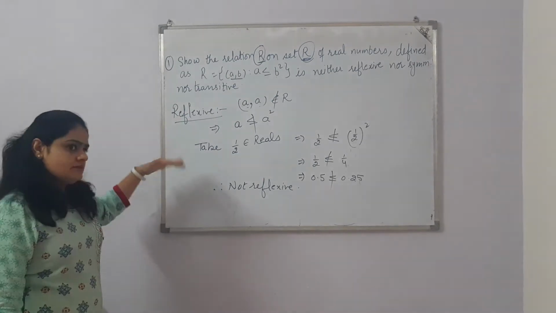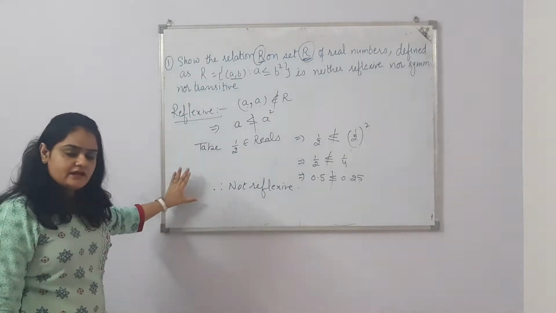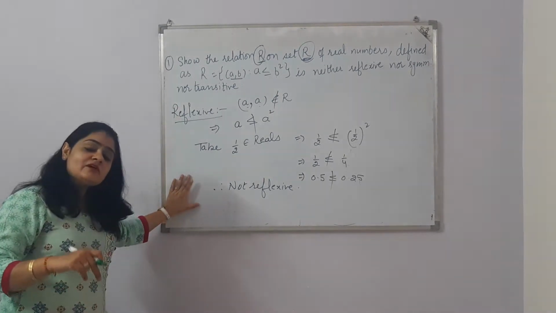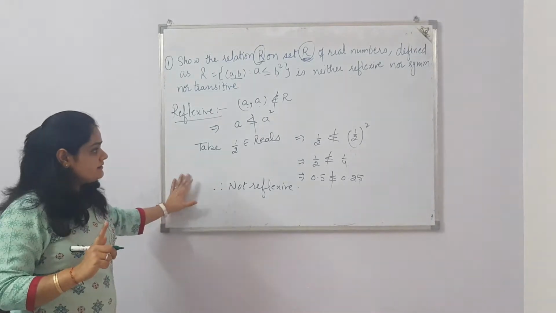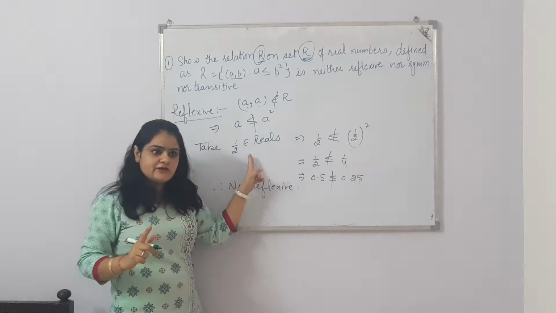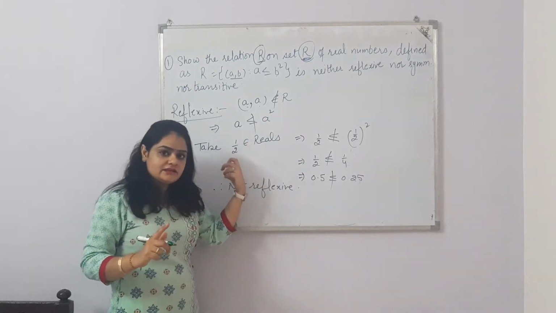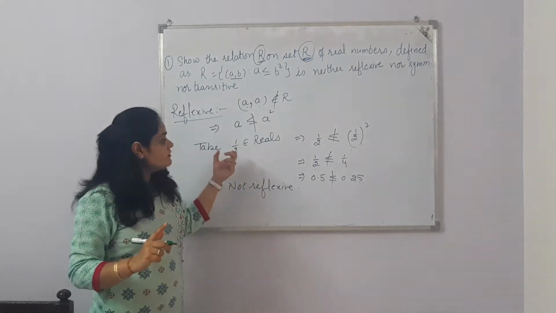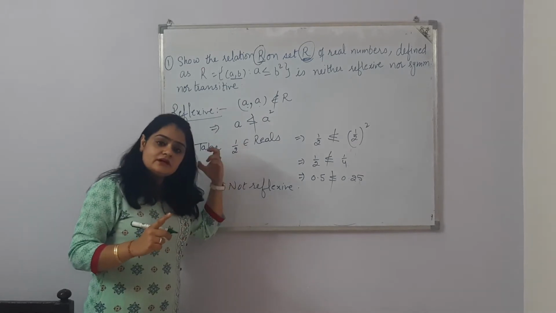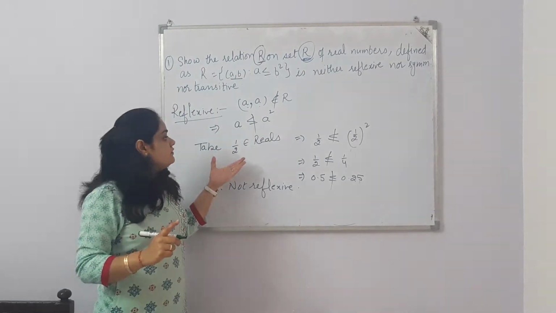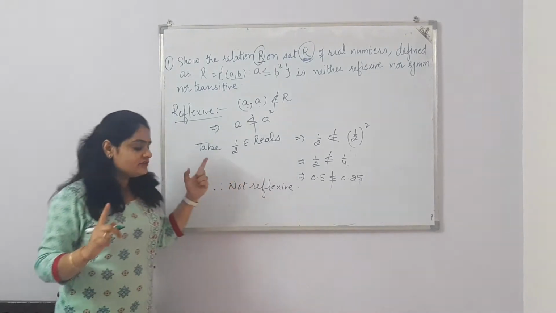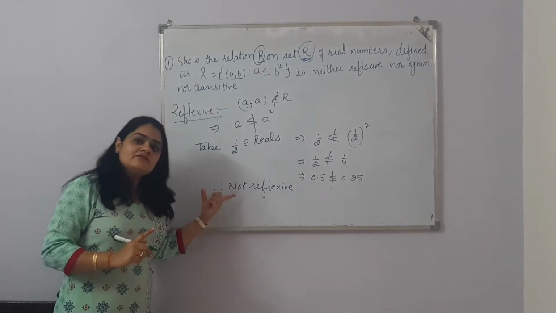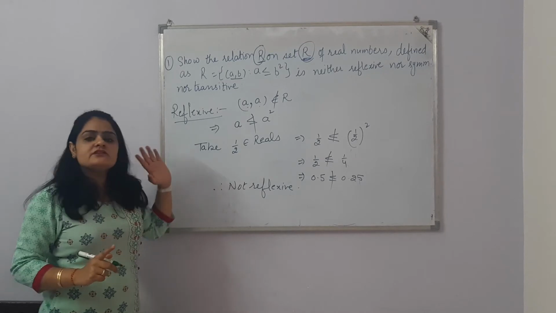Yes, there are so many examples showing that it is reflexive, but even a single case, like 1 by 2 that we have taken, is enough. We can take even negative rational numbers as well. So if a single example shows that it is not reflexive, we can say that the relation is not reflexive.